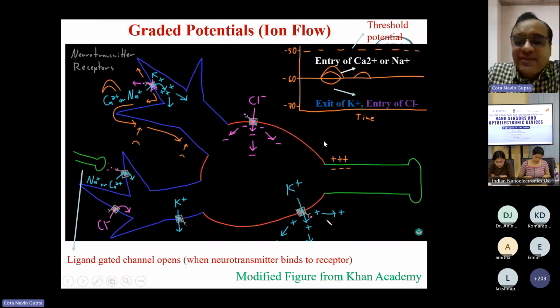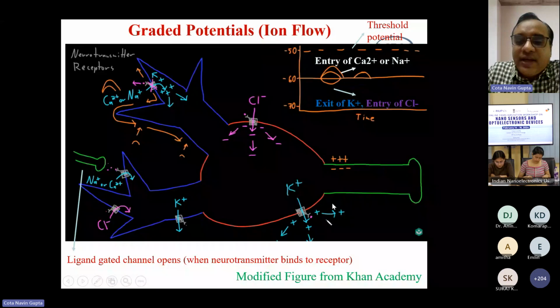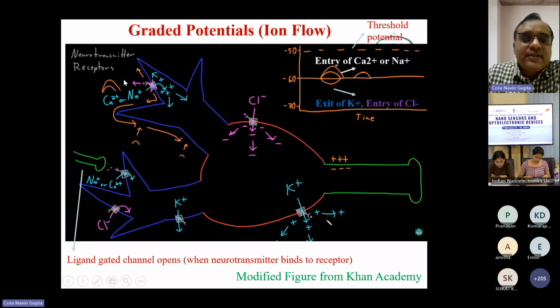Action potential is actually generated at the axon trigger zone. Let's say you have a lot of signals coming in through the synapse. An action potential is going to be generated when it crosses the threshold potential, which is shown over here. That could be due to the depolarization, or the entry of Ca2+ or Na+.